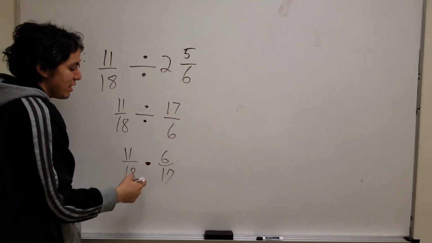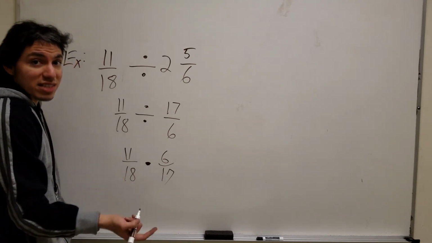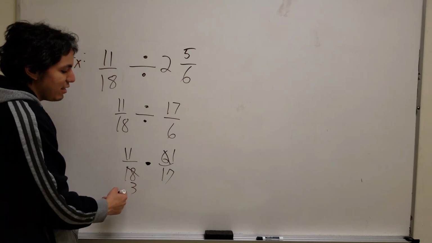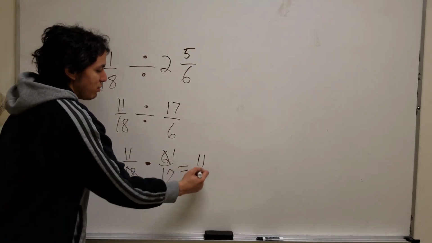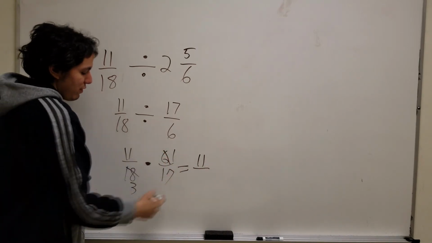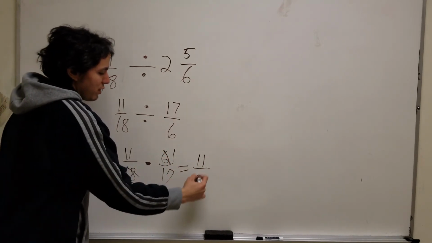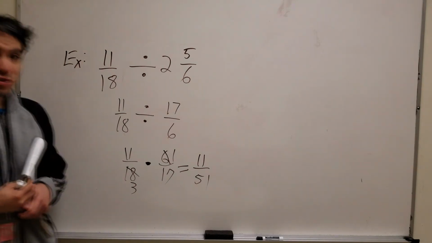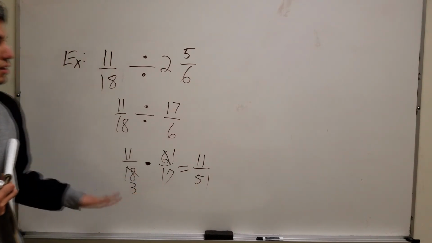So 6 and 18, their common factor is 6, because 6 divides into itself once, and 6 divides into 18 3 times. So I'm left with 11. 1 times 11 is 11. 3 times 17 would be 51. And I'm finished. I'm done with that.